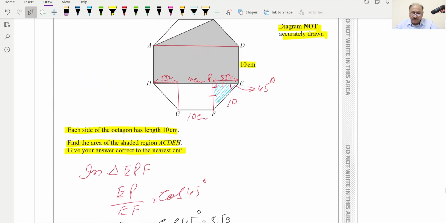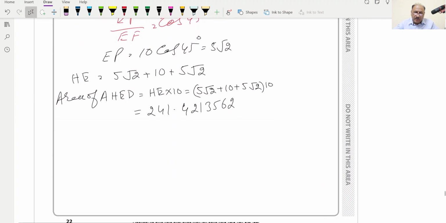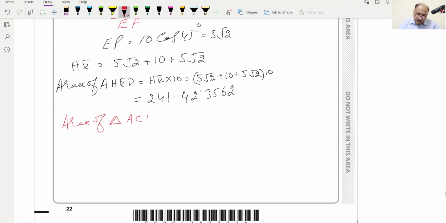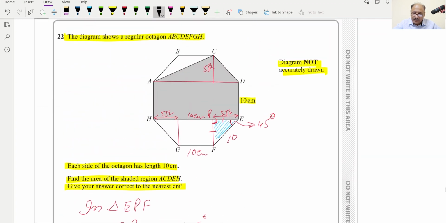Now we can find the area of this one. We know this height, we have calculated it. This height is the same as this one, so this is 5 under root 2, and this length AD we have also calculated. So the area of triangle ACD will be equal to half into AD into height.